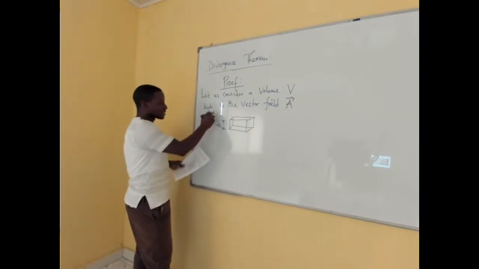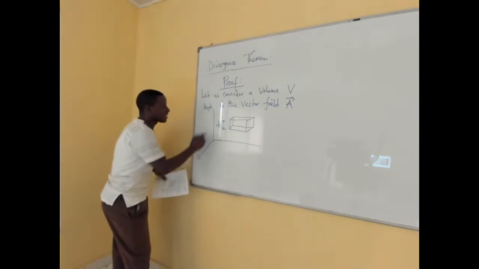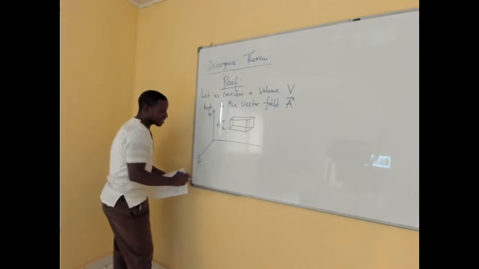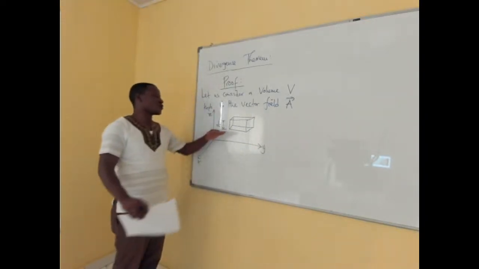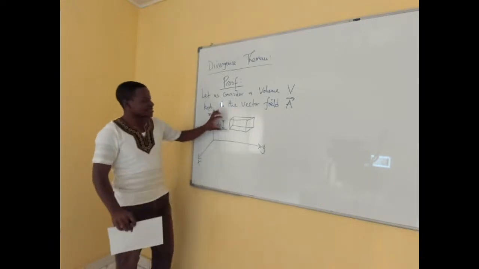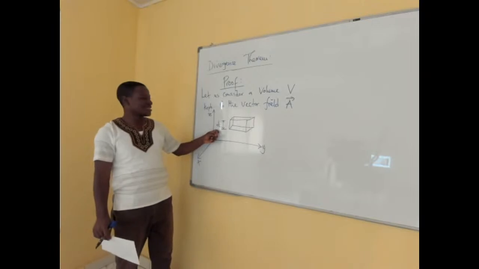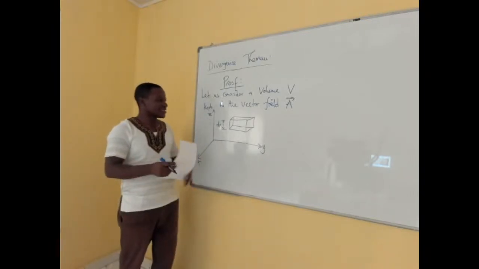If you put your XY axes here, this is your Z axis, this is your X axis, and this is your Y axis.